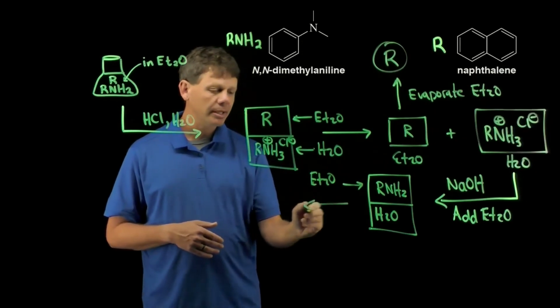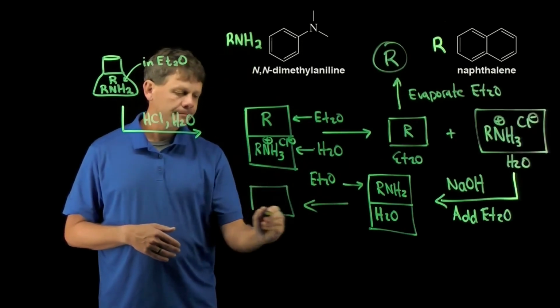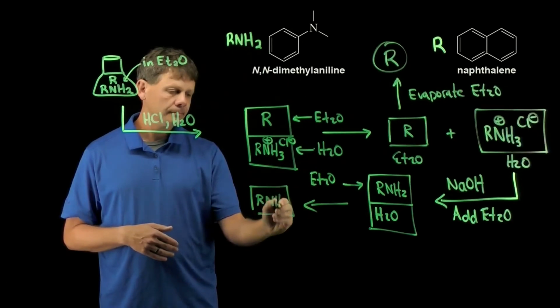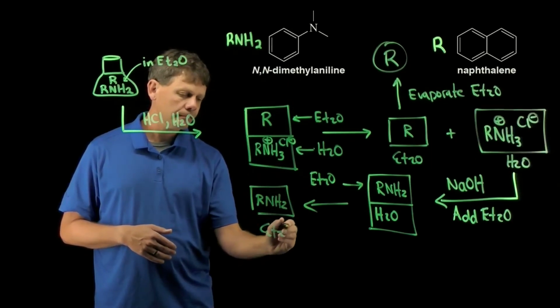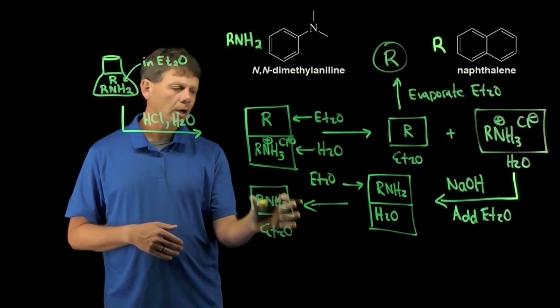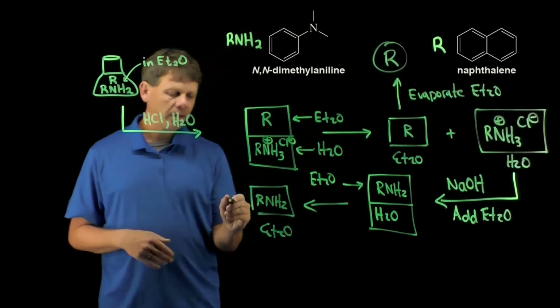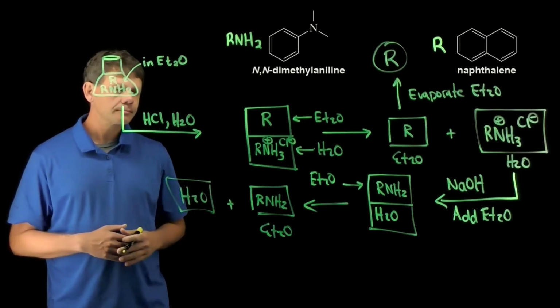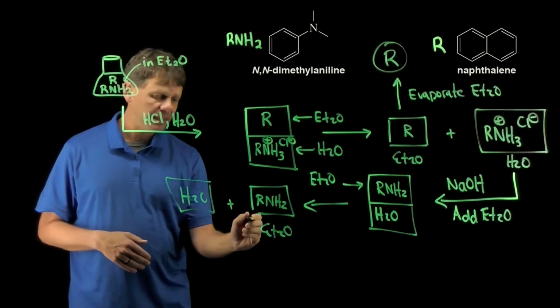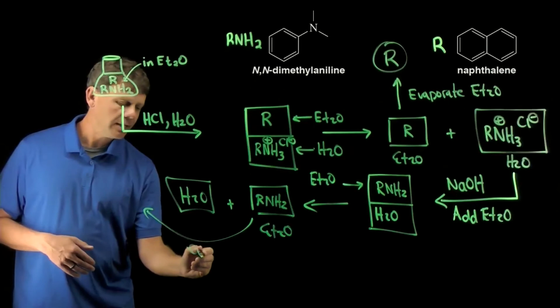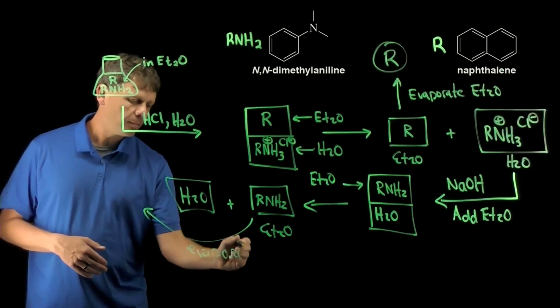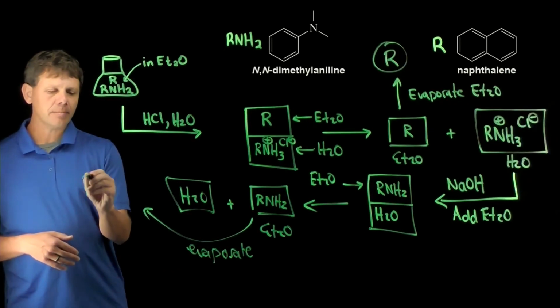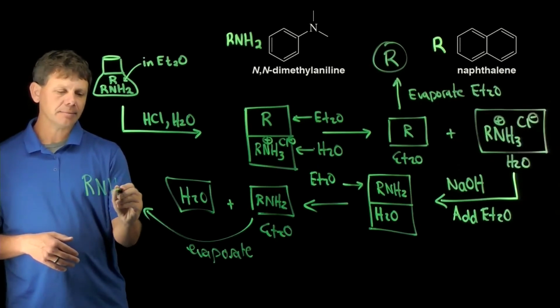We can now separate our two layers. Our amine in our ether layer, plus our water layer. We don't have to do anything with that. And now we can simply evaporate our ether layer just as we did earlier, and we have our amine compound separated.